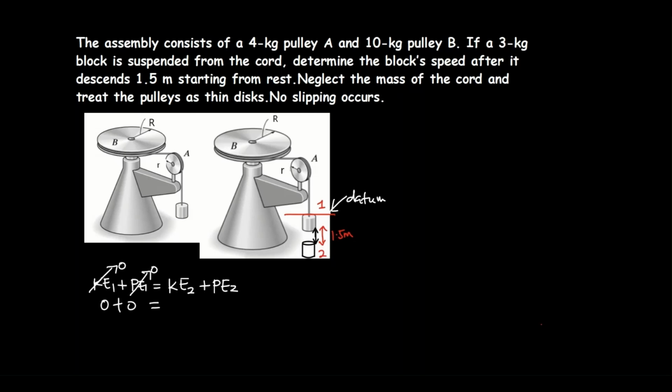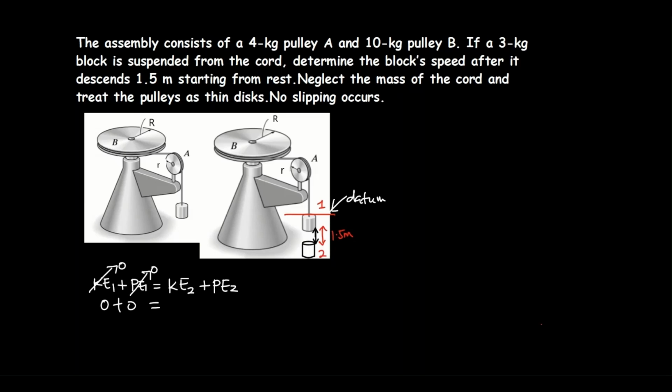So let's look at the final kinetic energy. Since the block will be descending, there's going to be motion, so we have to find the kinetic energy. Because the two pulleys will be rotating, you're going to have rotational kinetic energy. So we are going to sum up the rotational kinetic energy of the two pulleys in addition to the translational kinetic energy of the block.